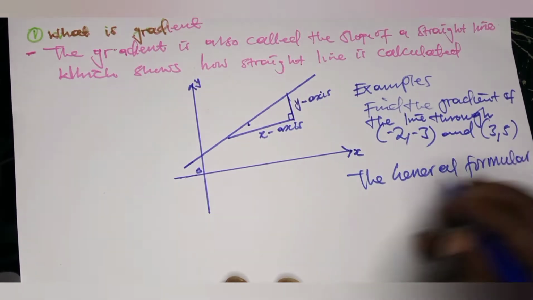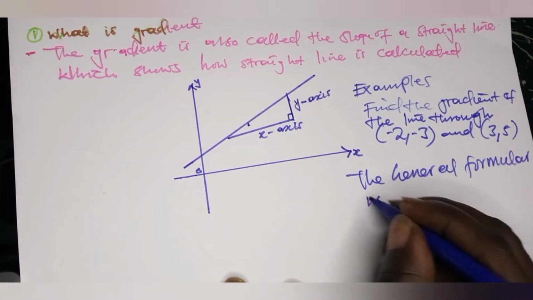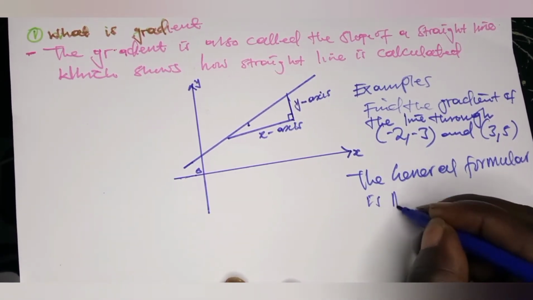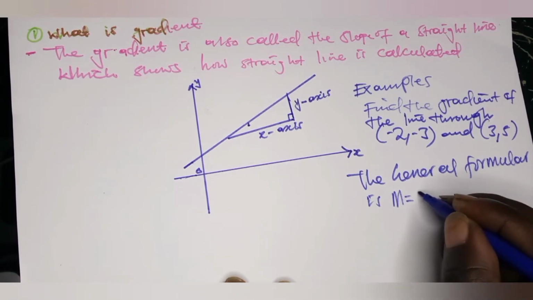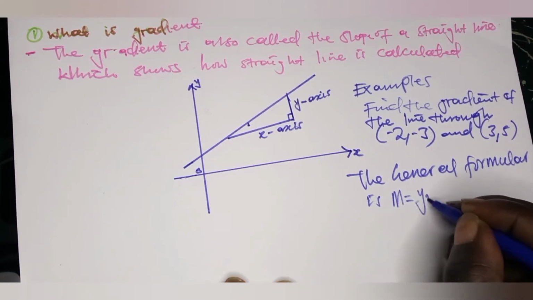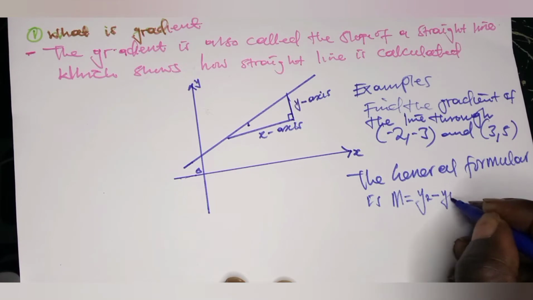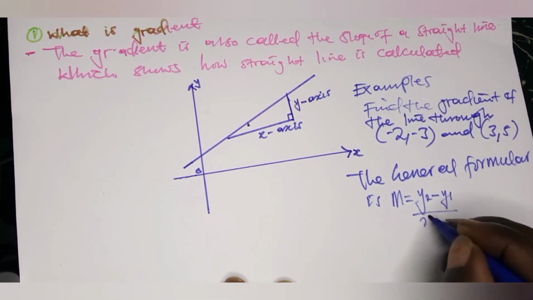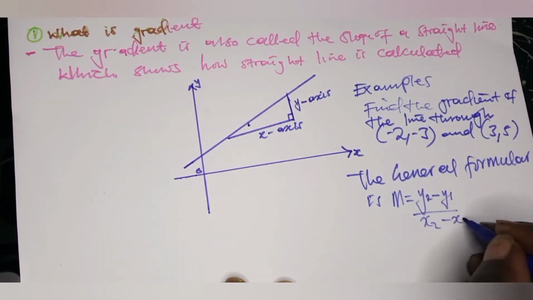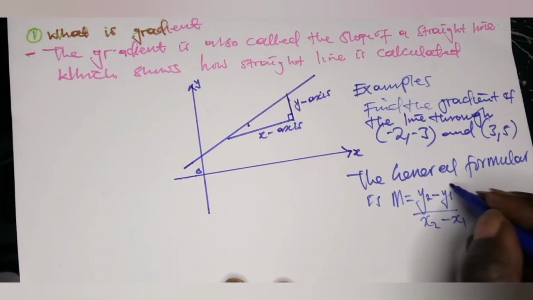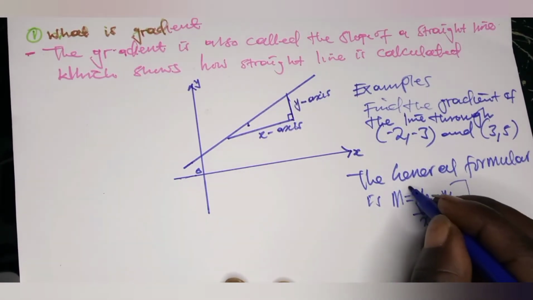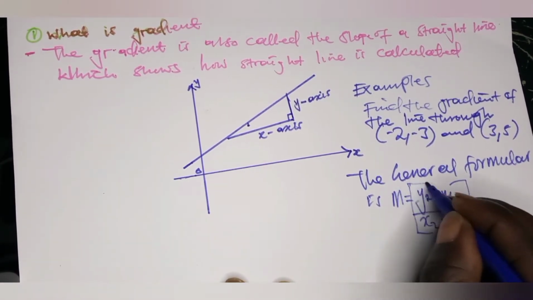the general formula is m equals y2 minus y1 over x2 minus x1. This is the general formula for finding the gradient.